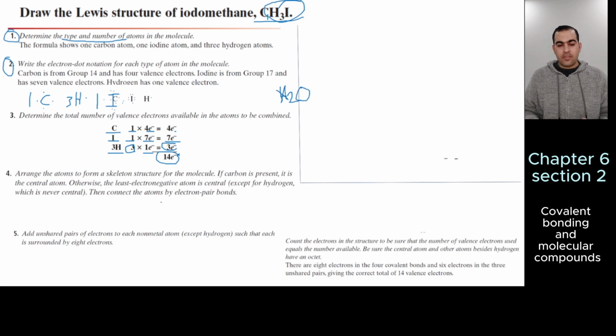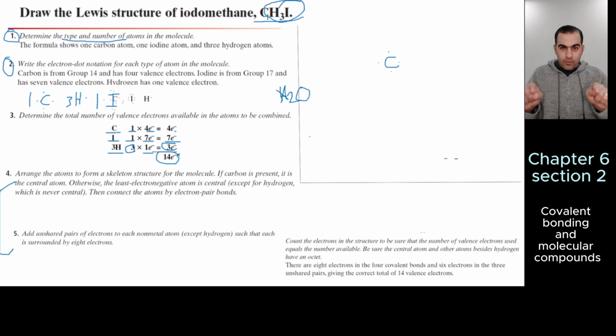Then connect the atoms by electron pair bonds. Next, I'm going to combine these 2 points together. Look, this is carbon. Carbon is central. When you say central, the other atoms surround the central atom.